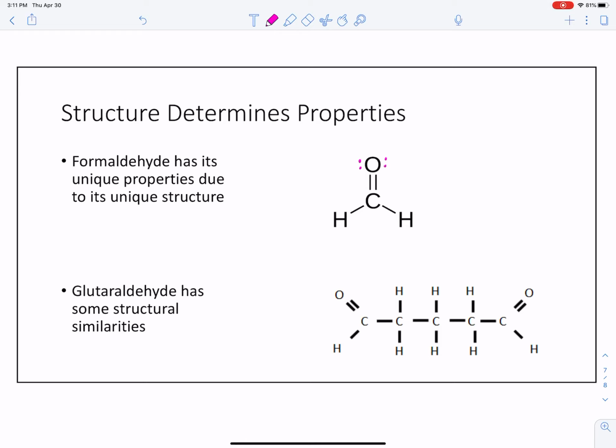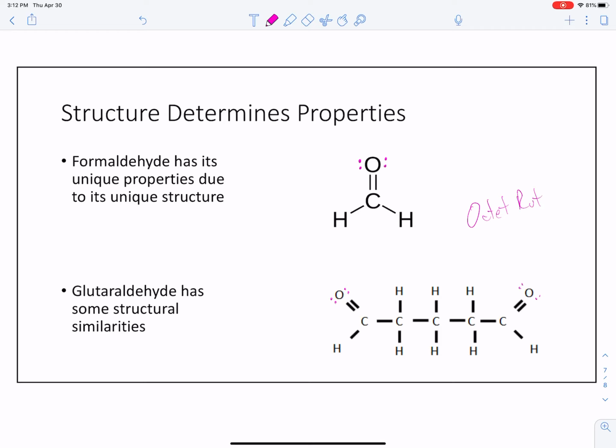For glutaraldehyde, another common embalming fluid, those oxygens have to have the same thing. But if you look at this, we can confirm this octet rule, can't we?